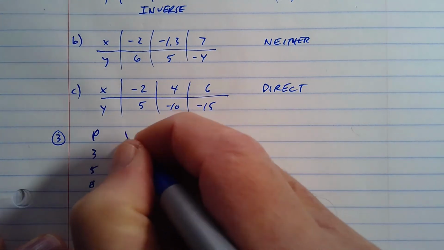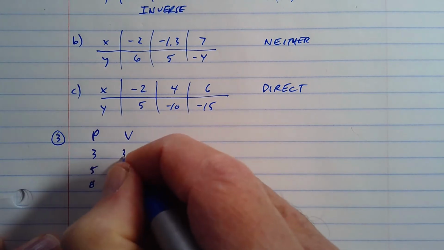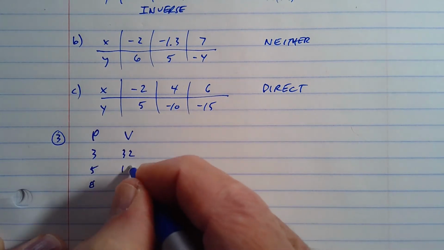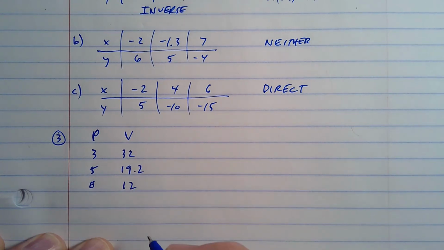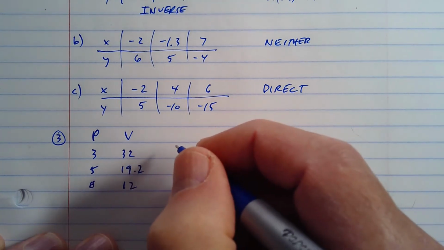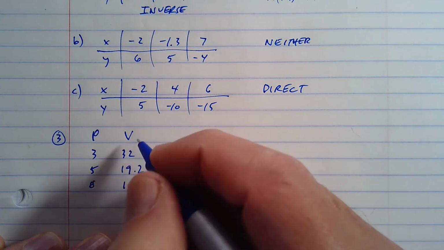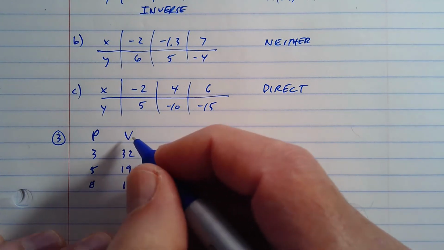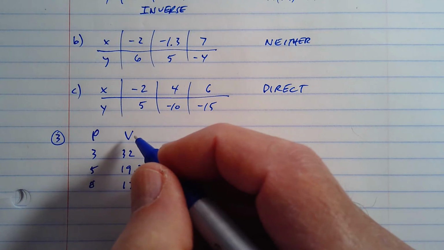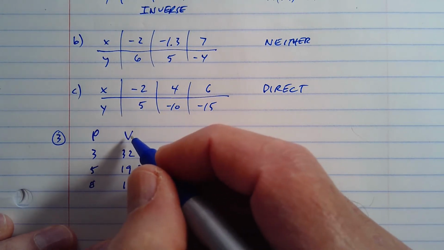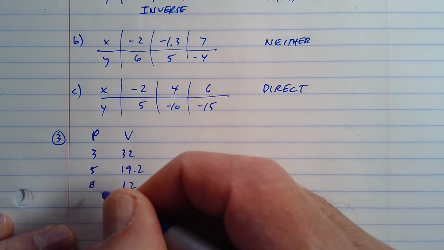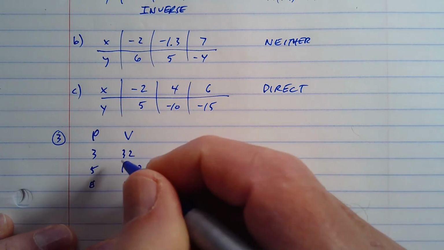And then volume 32, 19.2, and 12. And here they tell us that pressure has an inverse relationship with volume. So the more pressure we put on gas, this is talking about gas here, the less volume it has. The bigger the pressure, the less volume, as you can see.